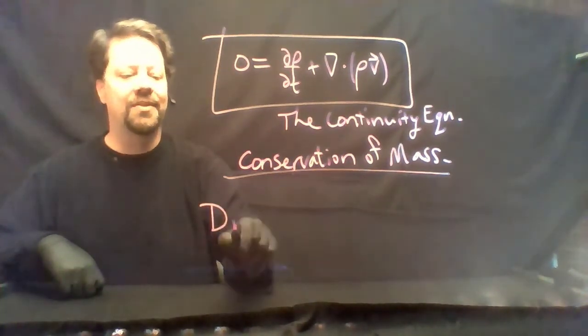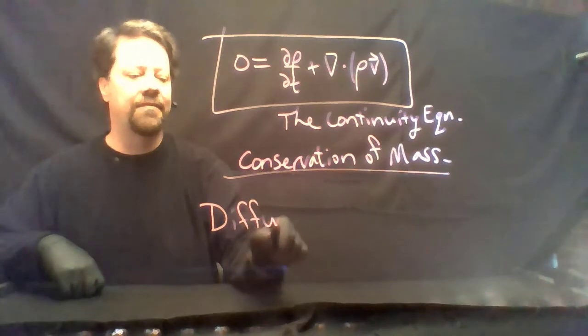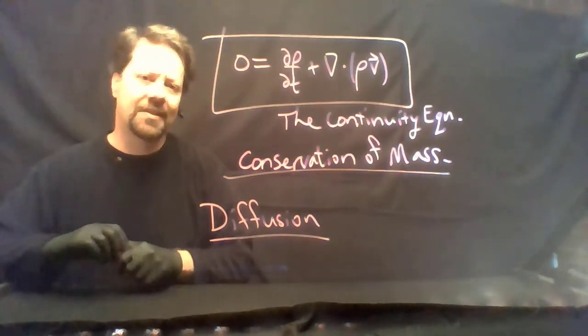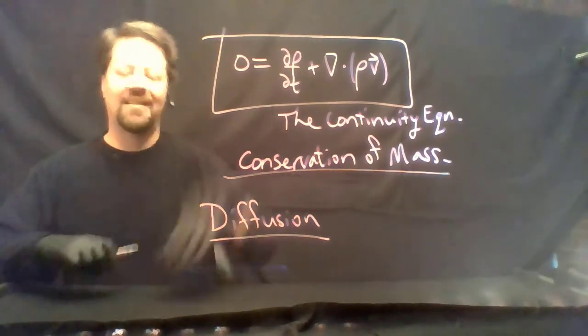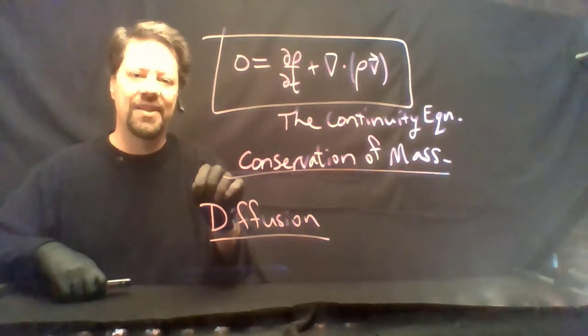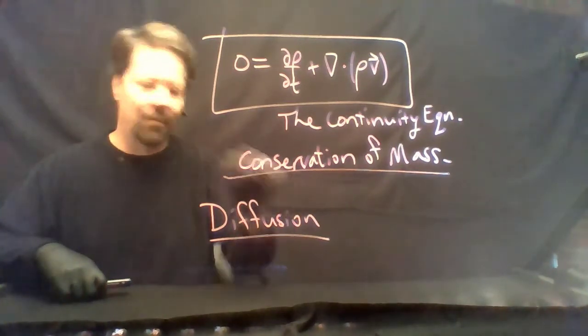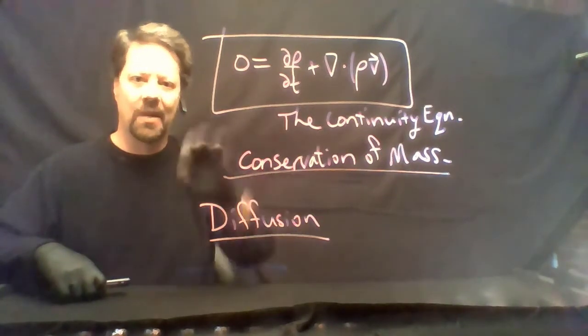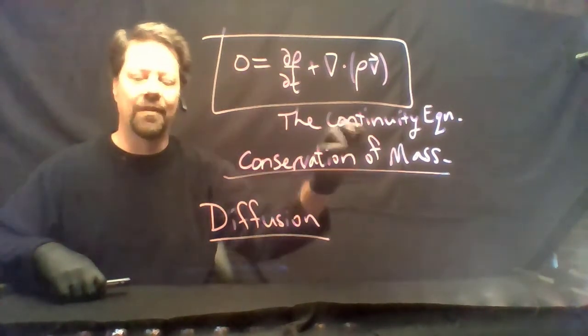I want you to consider a process called diffusion. Diffusive processes work as follows. On a microscopic scale, you get absorption and re-emission of some quantity in a random direction. And so this quantity will be jumping at random all over.